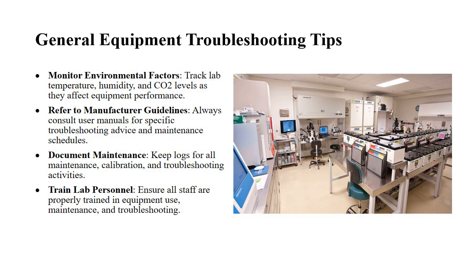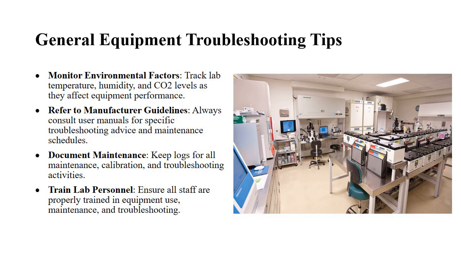Monitor environmental factors: keep track of ambient temperature and humidity in the lab, as environmental changes can affect the performance of sensitive equipment. Use manufacturer's guidelines: always refer to the user manual or manufacturer's instructions for specific troubleshooting advice, maintenance schedules, and part replacements.